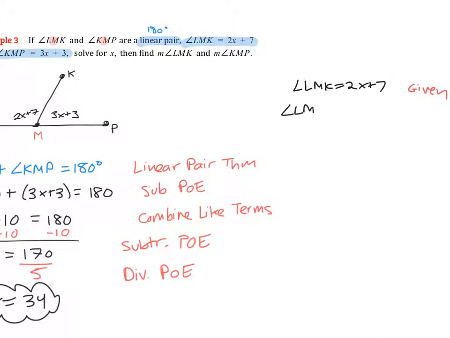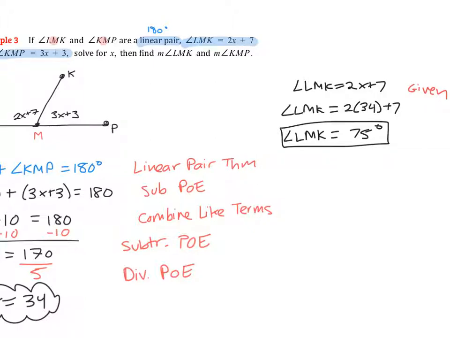Angle LMK is 2 times 34 plus 7. That would be the substitution property of equality. And then we're just going to simplify from there. So if we have 2 times 34 plus 7, we get angle LMK equals 75 degrees. That's part of my answer.